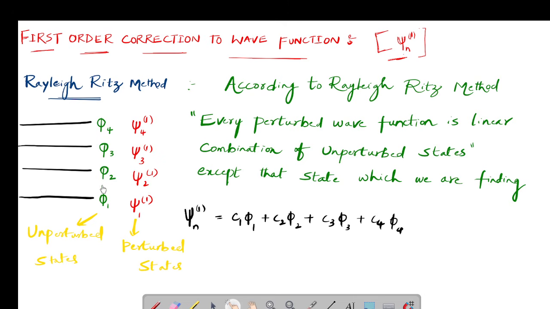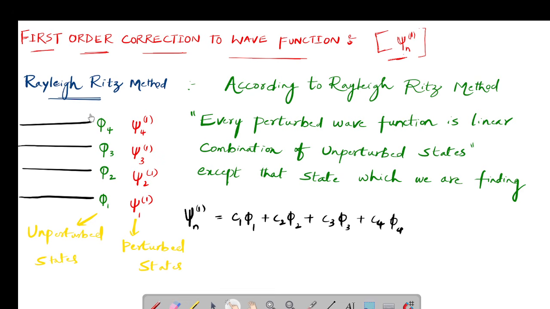Before disturbing the system, the state functions are like this. After the perturbation of the system, there will be perturbed states, that is psi 1 to the power of 1, psi 2 to the power of 1, psi 3 to the power of 1, and psi 4 power 1. These are perturbed states.